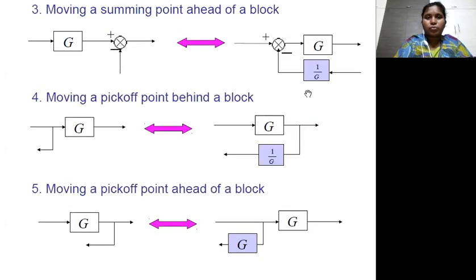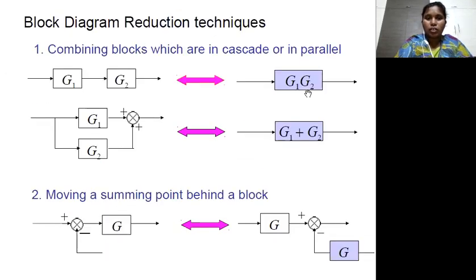So once again, initially when we are considering a number of gain blocks which are in series connection, those can be replaced with a single block having the product of gains. If G1, G2 are connected in series, we can represent it with only G1 G2 with the same input and same output.